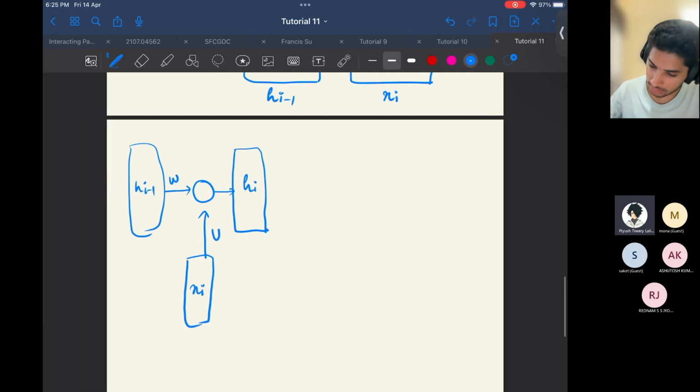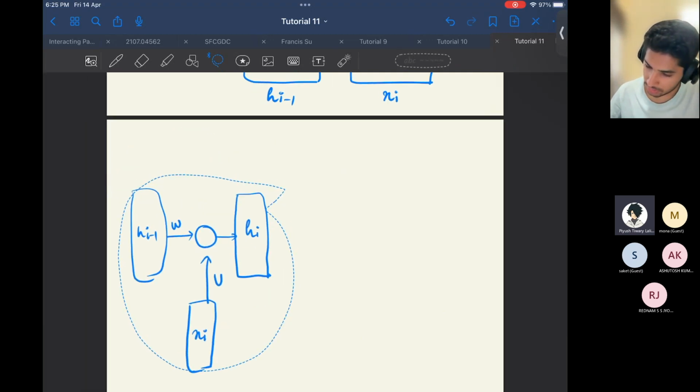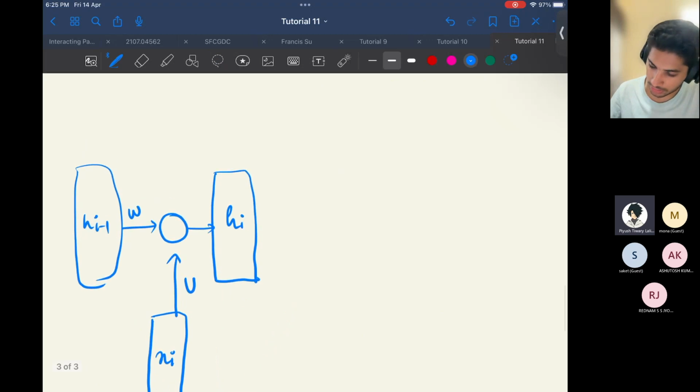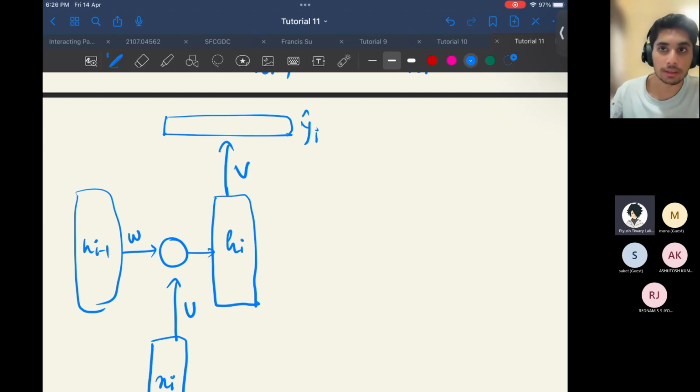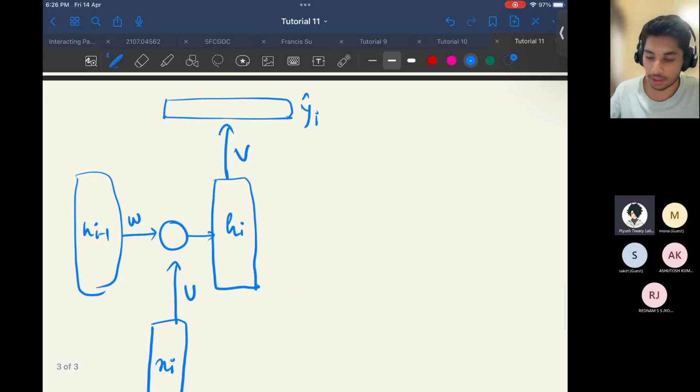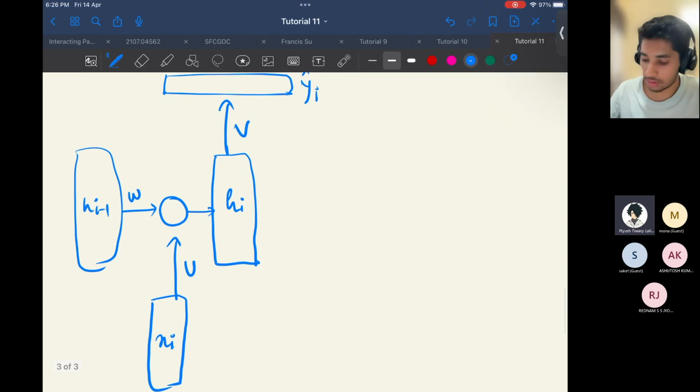Now what we do with hi is multiply it with another matrix B to get some output, let's say yi hat. So it's a very simple model. And just remember that this hi will also go as input in the next time instant, where we will again multiply it by W.